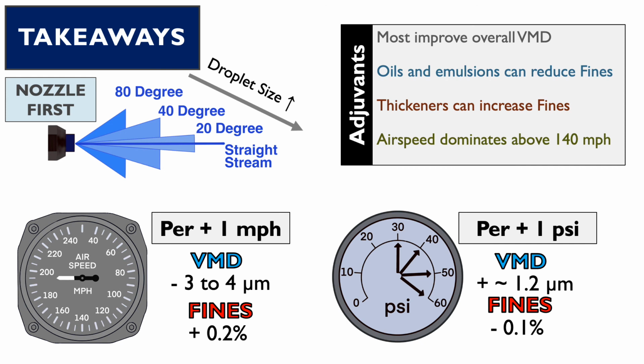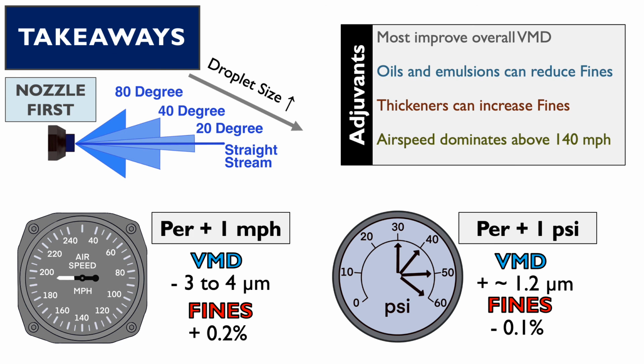With respect to airspeed, you can anticipate about a 3 to 4 micron decrease in your VMD and about a 0.2% increase in your fines with every 1 mile an hour increase in your airspeed. On pressure, similarly, you can anticipate about a 1.2 micron increase in VMD and about a 0.1% decrease in fines with every 1 psi in pressure.